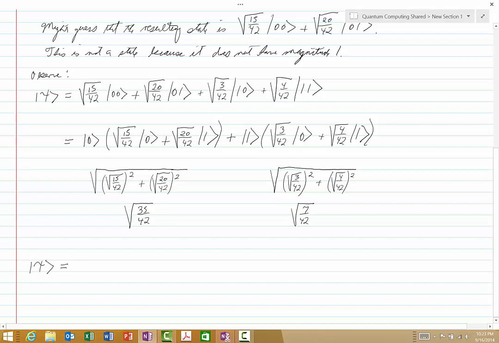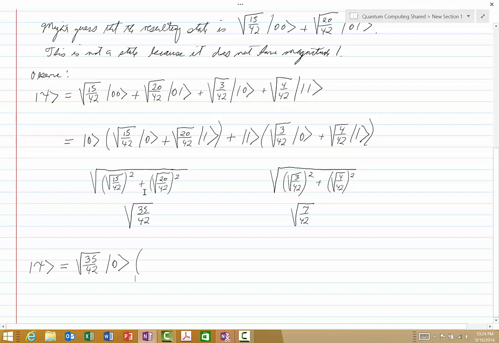First, I'll multiply the first term by the square root of 35 over 42. So the square root of 35 over 42 times |0⟩. Now, since I have multiplied the first term by the square root of 35 over 42, I must divide it by the square root of 35 over 42. And I'm going to do the division inside, and the whole point here is that what's left inside will have a magnitude of 1, and so it will represent a state.